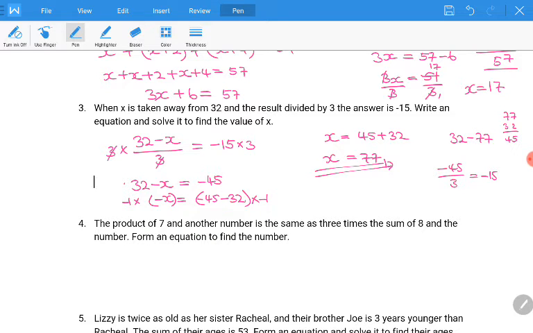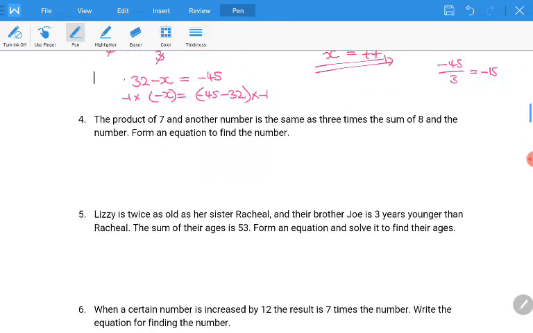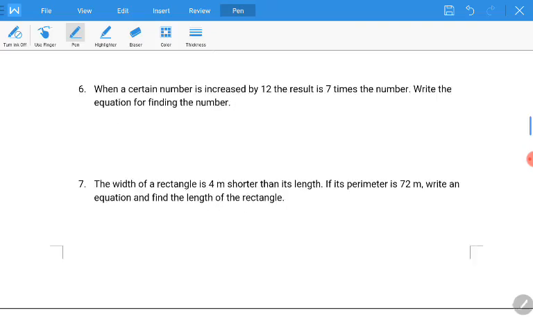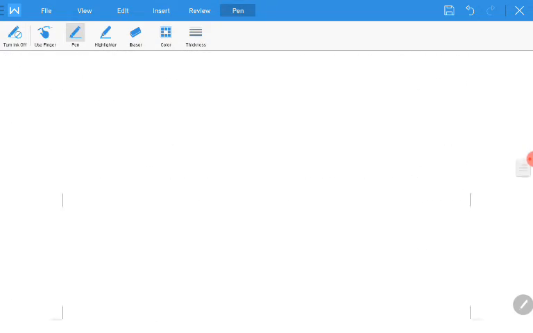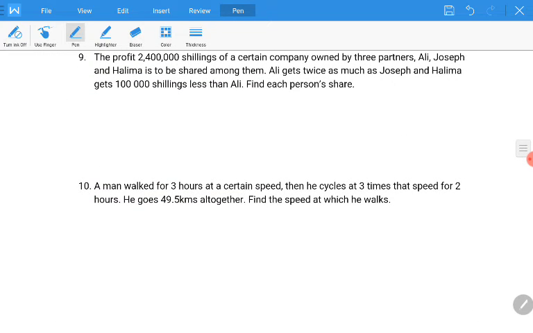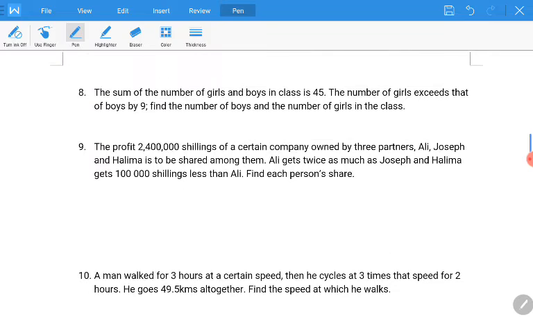So this is how equations are formulated. I'm going to show you in a step-by-step manner how you can solve these equations, starting with the simple ones, going to the more difficult ones.